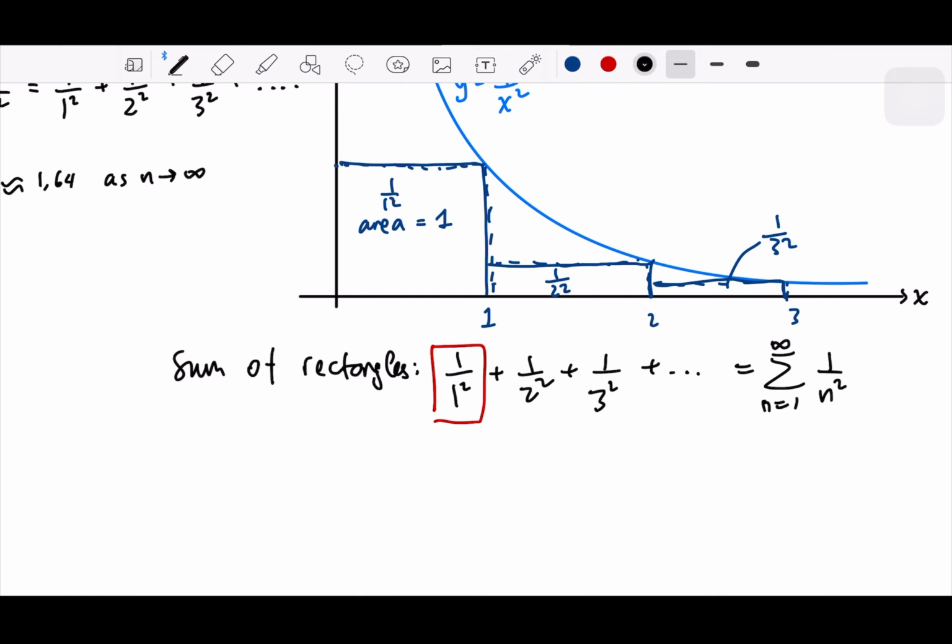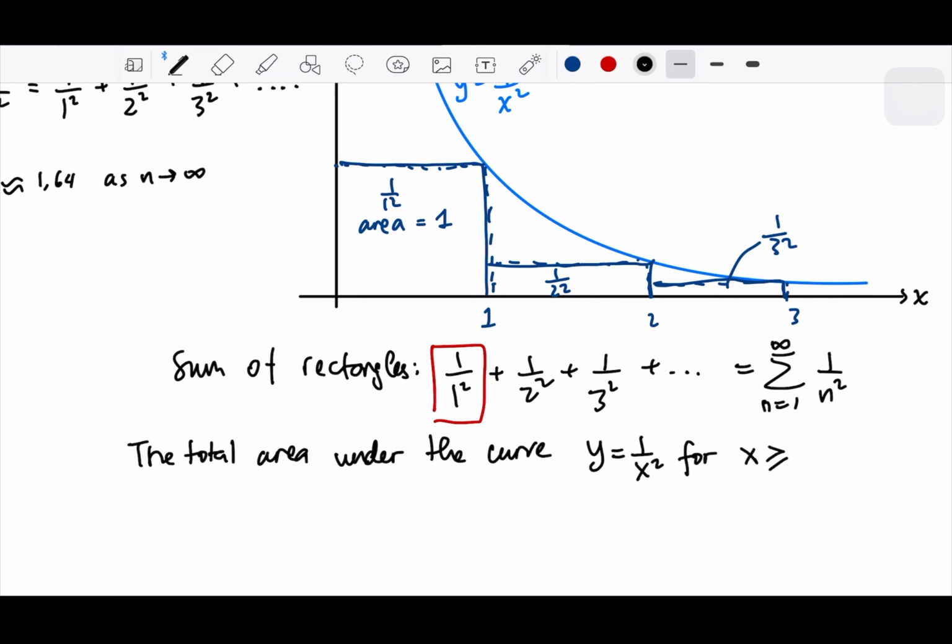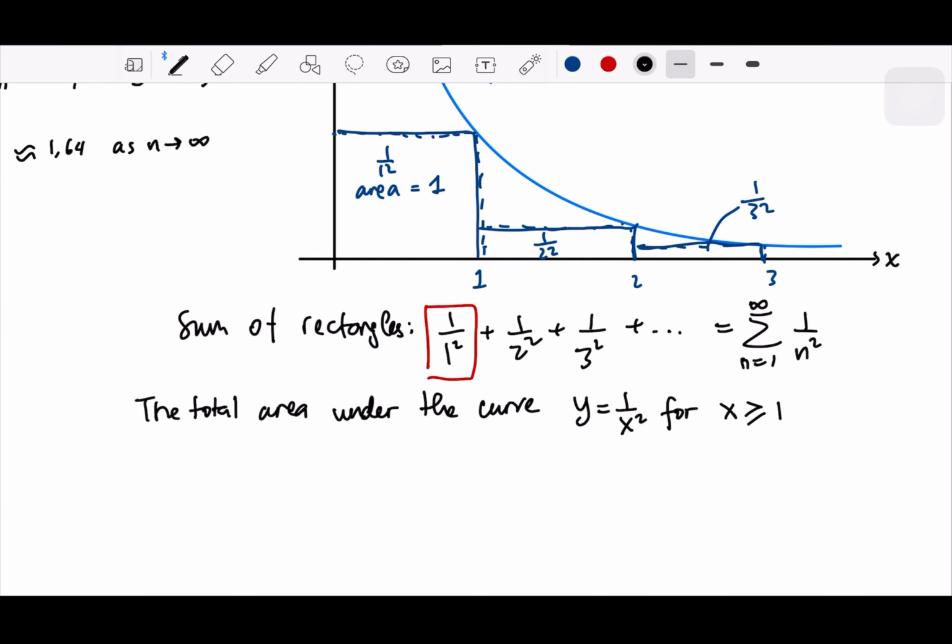then the total area under the curve for x greater than or equal to 1 is equal to this.